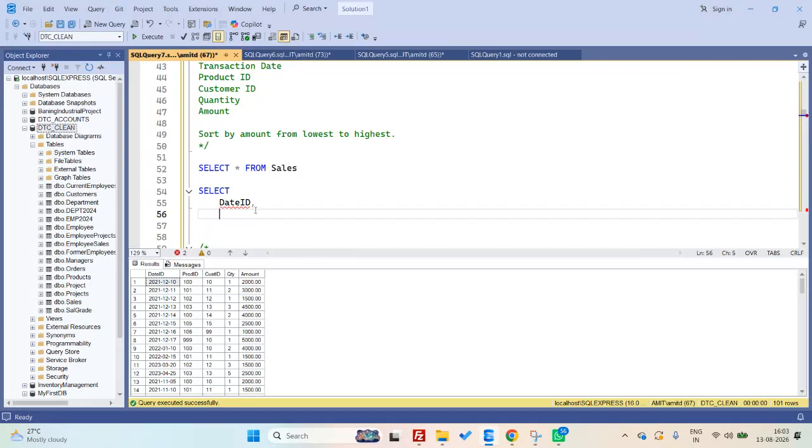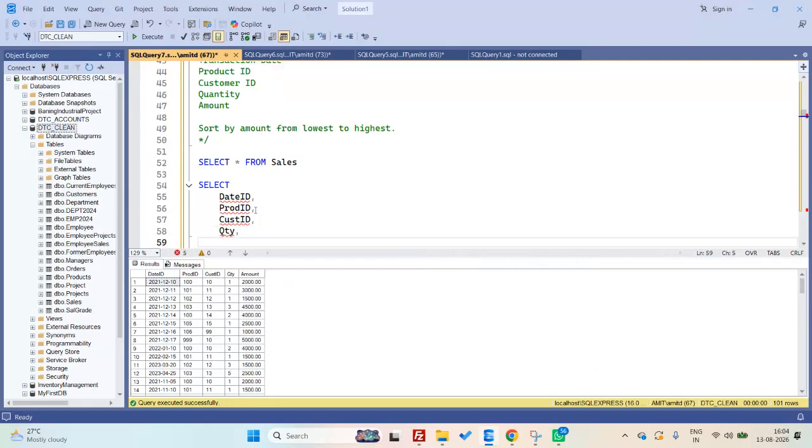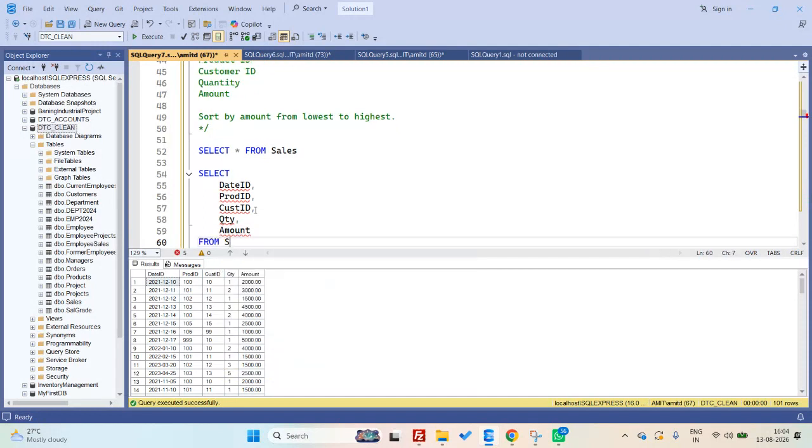Product ID means prod ID. Customer ID means cust ID. Quantity means QTY, and amount from sales, right?